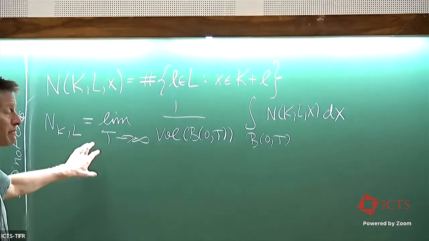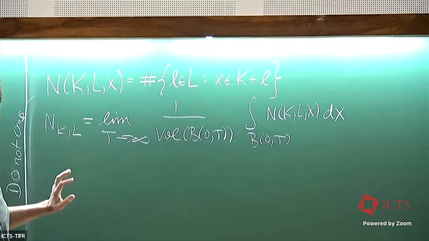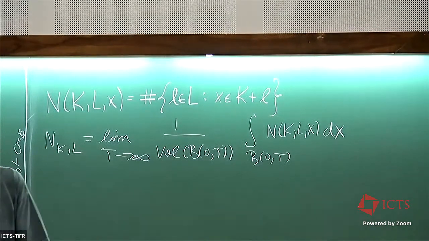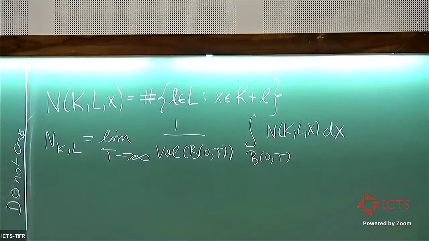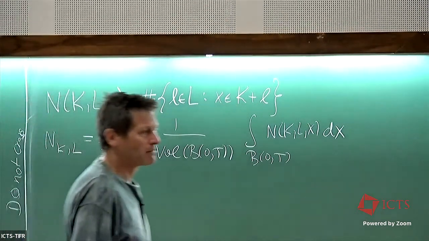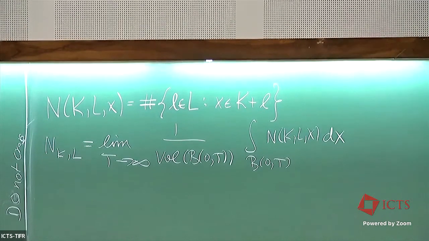Of course, this limit might not exist. So when I write this down, I'm assuming that the integral exists. And then I'll say that the average covering number exists if this limit exists. Now, on average, points get covered N_{K,L} number of times by this system of translates.